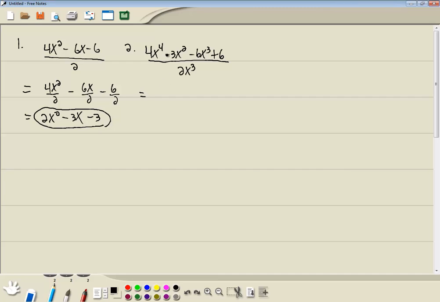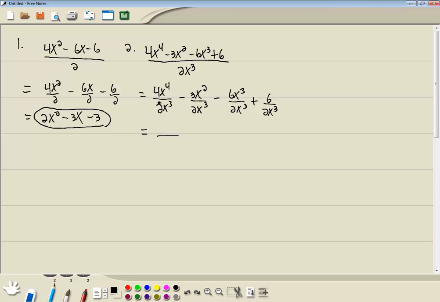Same idea. We got multiple terms up on top, and we got a single term in the denominator. So we're going to split this into separate fractions. So I got 4x to the fourth over 2x to the third minus 3x squared over 2x to the third minus 6x to the third over 2x to the third plus 6 over 2x to the third.